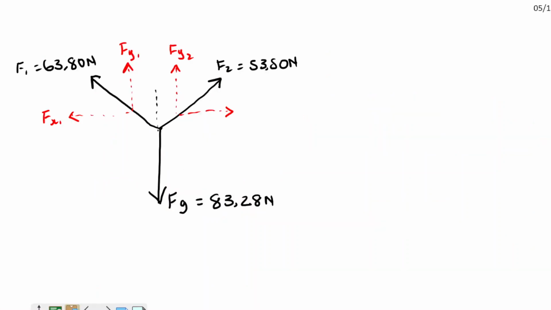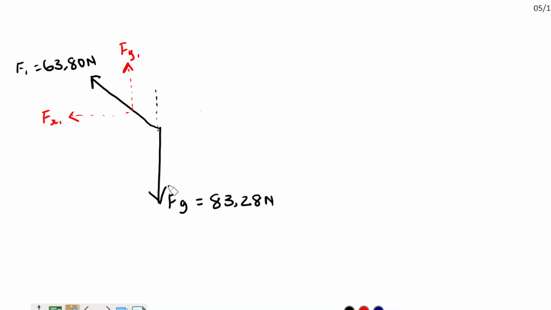Imagine you have something that looks like this: you have your F1 in that direction, you have F2 in this direction, and you have your weight in that direction. Now F2 is being removed with all its components and everything. So you don't have anything for F2. The only thing you have now is F1.